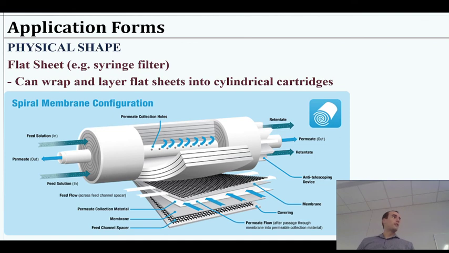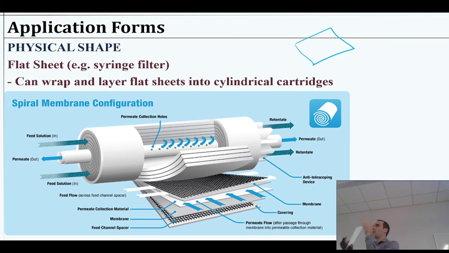Okay, so what about the physical form? We took a look at that lab demonstration one. Here's a kind of an interesting one that's actually quite common. If we use a flat sheet membrane, like a piece of paper, and we want to pass water through it, we have to apply water to that entire sheet, collect it on the other side.